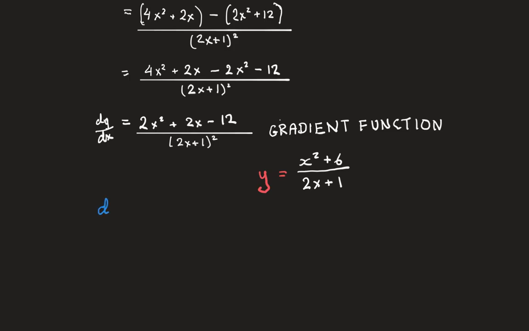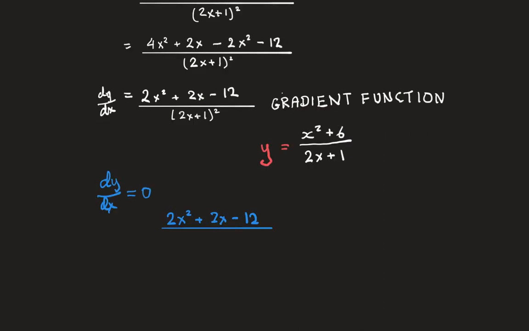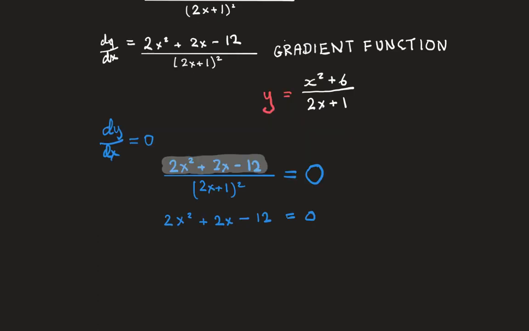So when we make that slope equal to 0, that means that 2x squared plus 2x minus 12 over 2x plus 1 all squared must be equal to 0. And that would really mean that this numerator must be equal to 0. As we make that 0, the whole expression is 0, and so we're only interested in the numerator being 0.